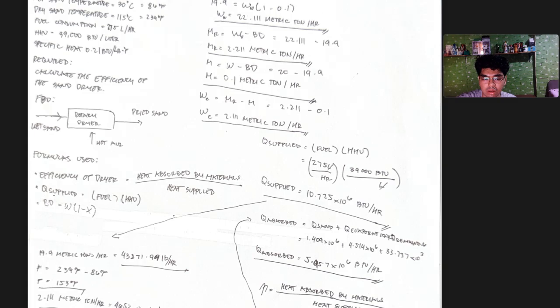For the heat supplied, we will just use the formula fuel times HHV. Then the bone drying formula, which is equal to weight times 1 minus x.